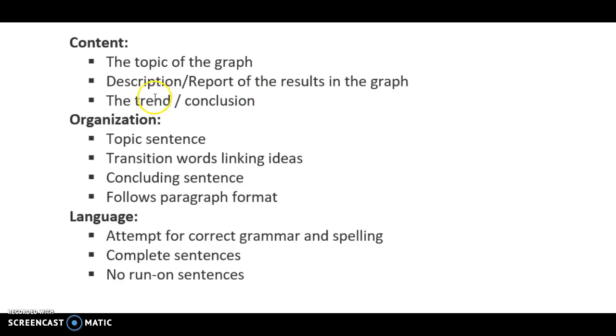We need to report the trend or the conclusion, and that'll be in our concluding sentence. And we always follow paragraph format. All the sentences in a paragraph must follow one another. So next time you sit down to write, keep a lot of these ideas in mind, and I'm sure that they will help you when you write.